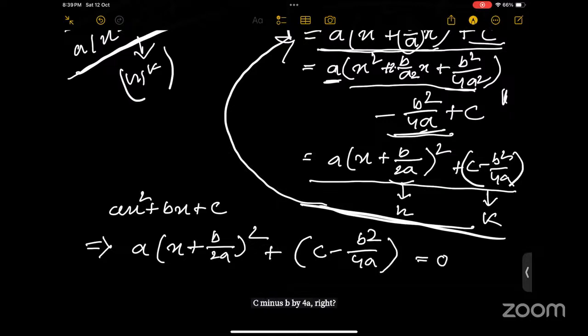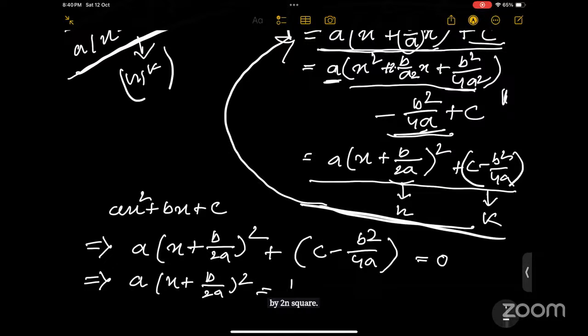So if we want to calculate the root with the square method, from here we get x plus b by 2a squared equals b squared by 4a squared minus c, right?